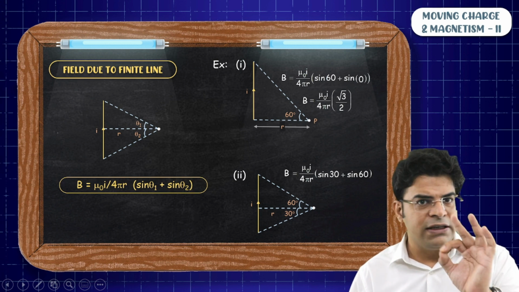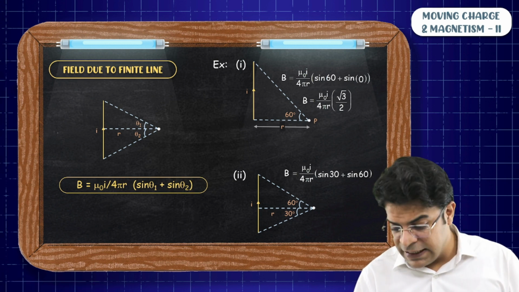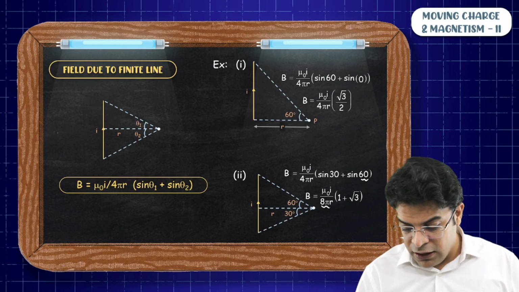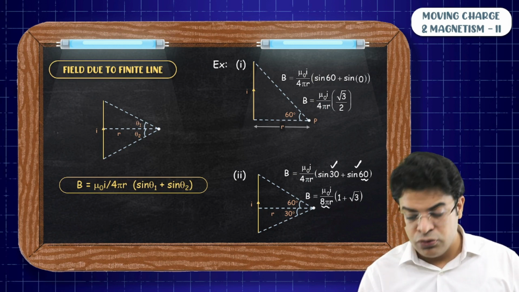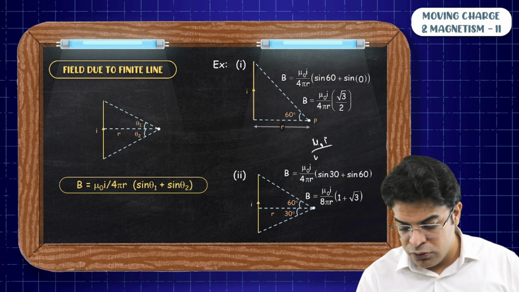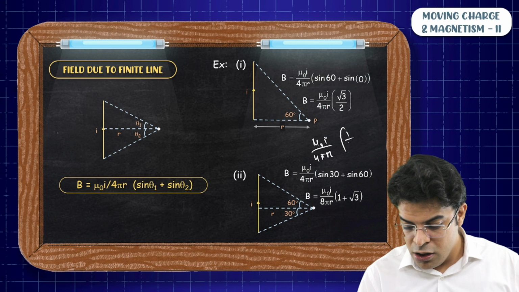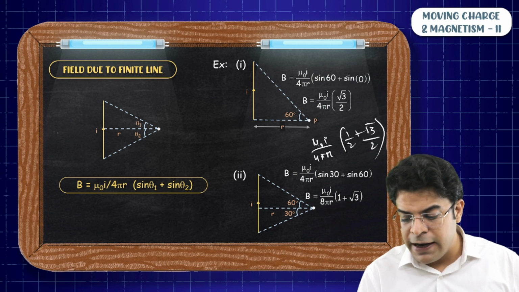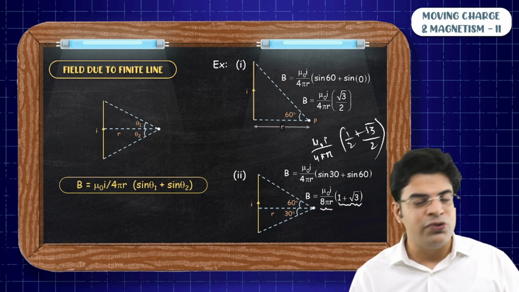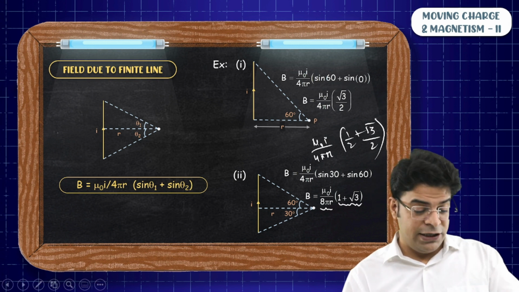Now bachcho, sin 30 is half. Sin 60 is root 3 by 2. So you get mu naught I by 4 pi r into (half plus root 3 by 2). And if from that you take 1 by 2 common, what you get is mu naught I by 8 pi r (1 plus root 3). This is how easy it is.